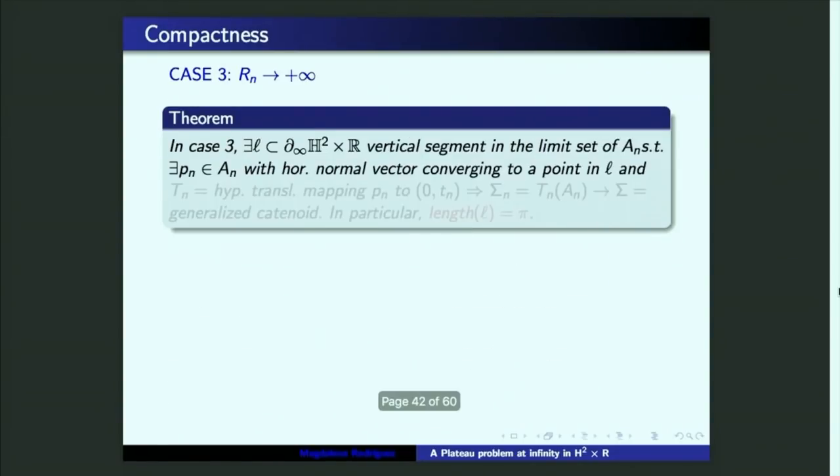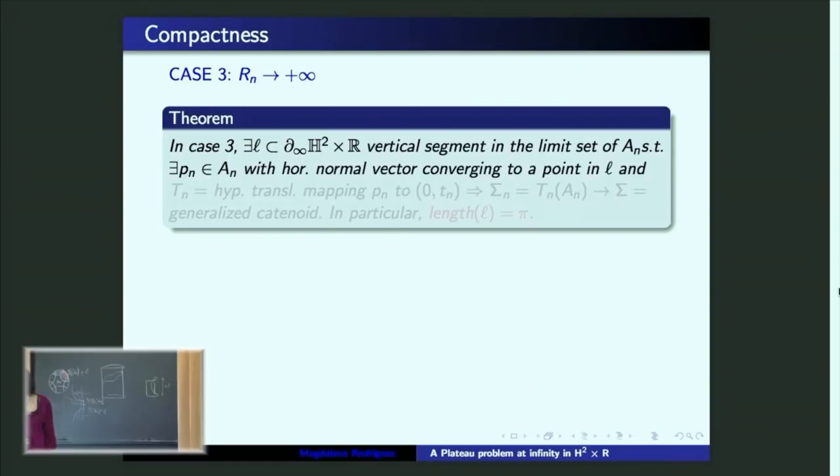Okay, finally, let's see what is happening in case 3. The prototype we have is the catenoid whose height is going to pi. Okay, and what is going to happen is as for the catenoid. I didn't say that, but when the distance is going to pi, the necks are disappearing at infinity. But we can always translate in order to have some accumulation point.